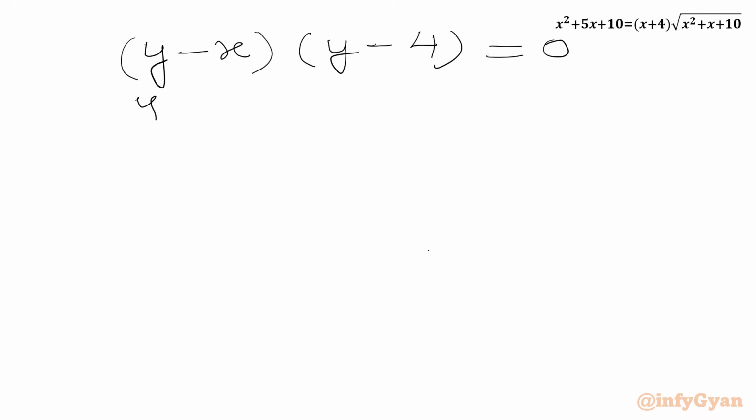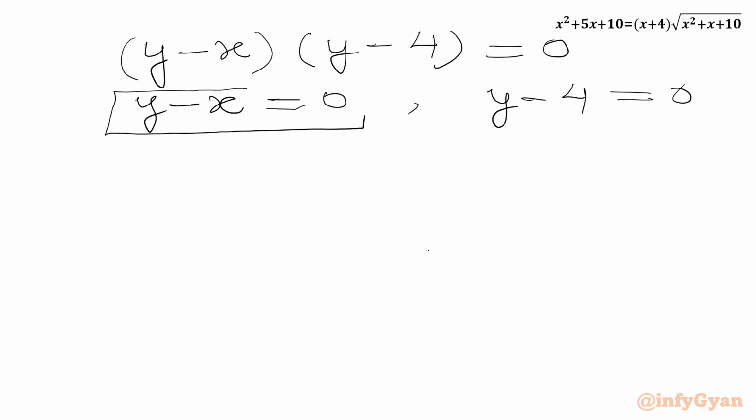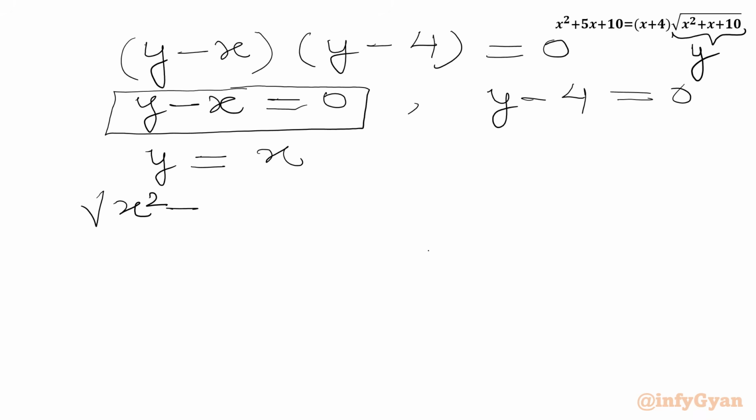Using product 0 rule, we can write either y minus x equal to 0 or y minus 4 equal to 0. Now we will consider our first equation, y minus x equal to 0. So from here I can write y equal to x. Now y is square root of x square plus x plus 10, so I can write square root of x square plus x plus 10 equal to x.